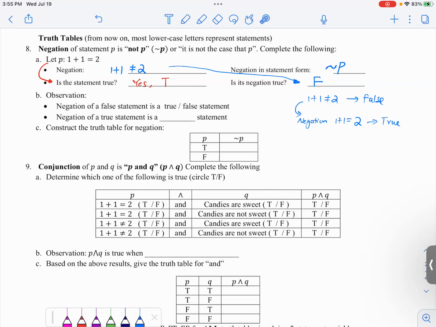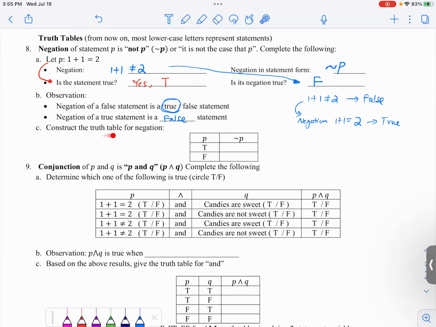Therefore, the negation of a false statement is actually a true statement. And the negation of a true statement, like 1 plus 1 equals 2, is a false statement.